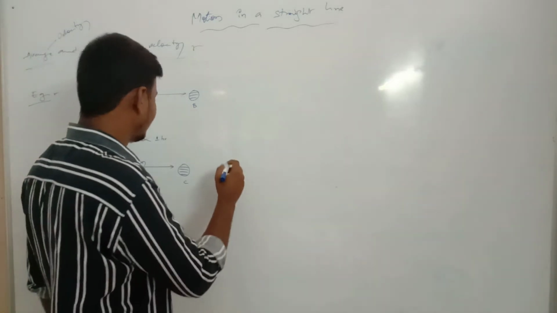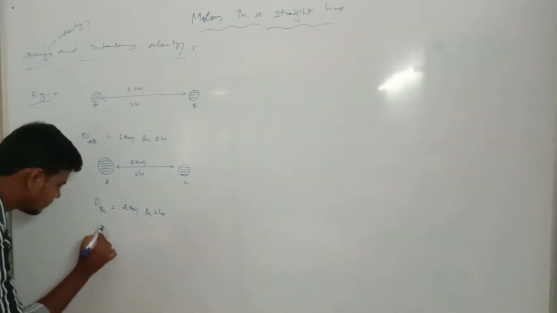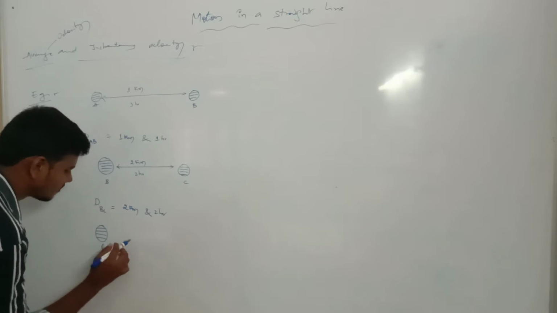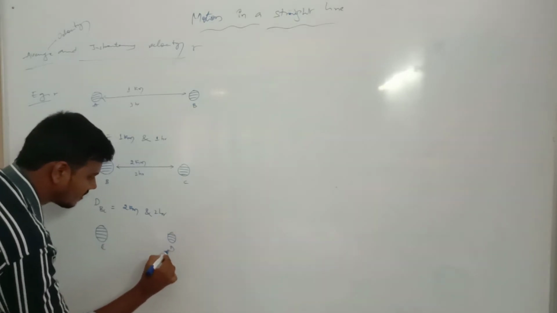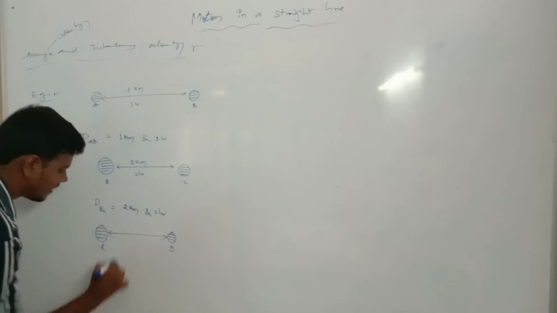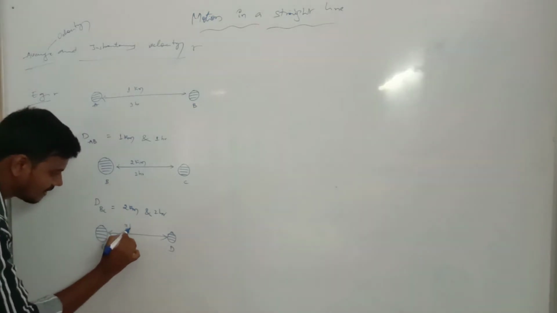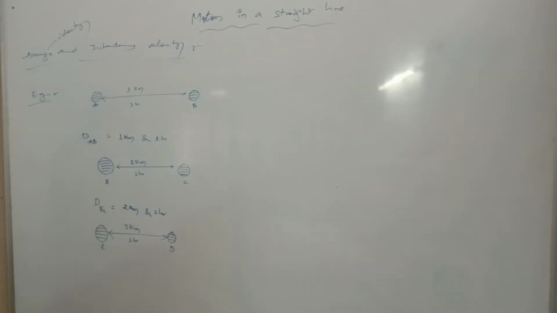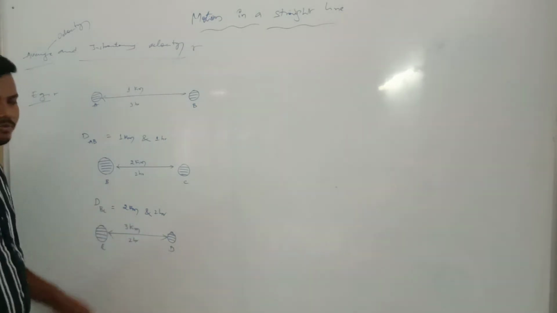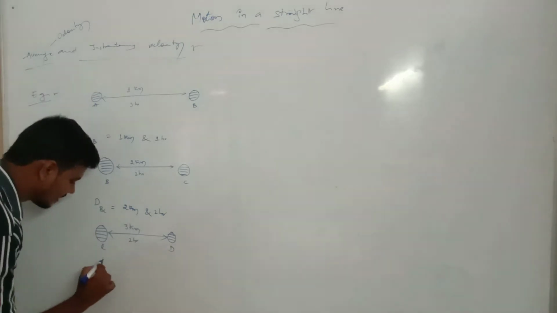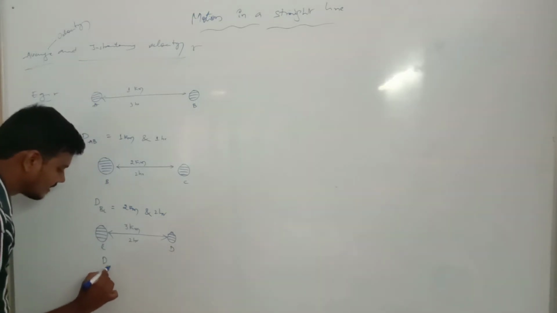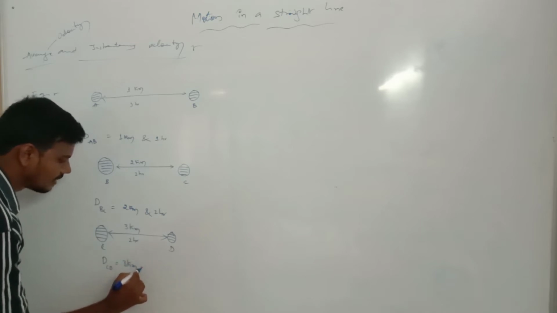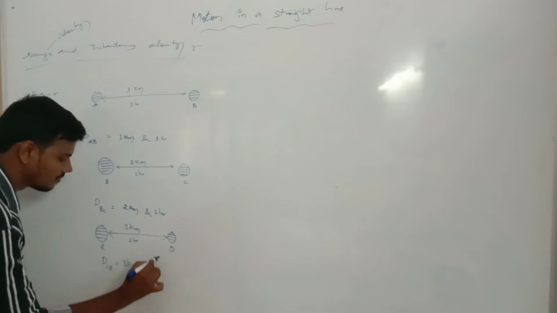Again we choose C and D of the object. The displacement at C to D is 3 kilometers of displacement and 2 hours of time period.